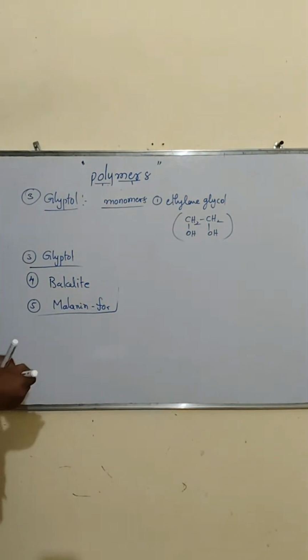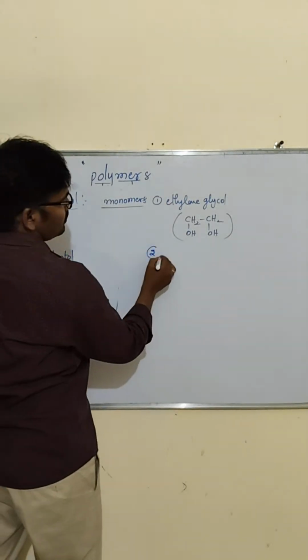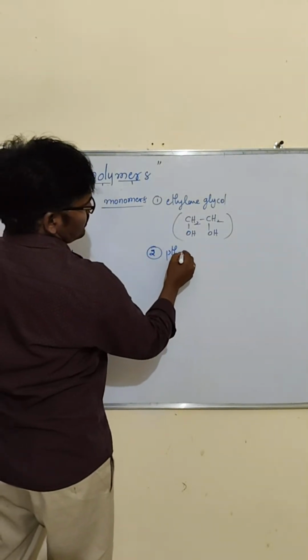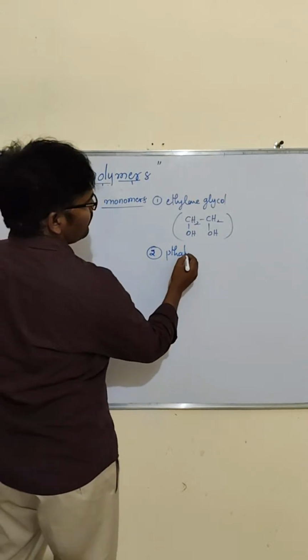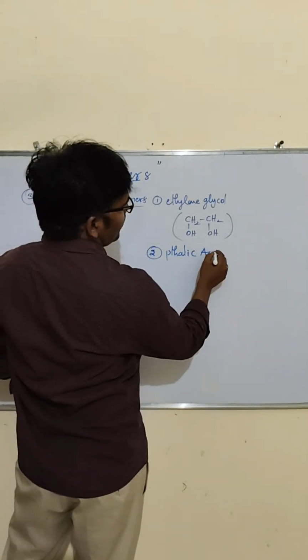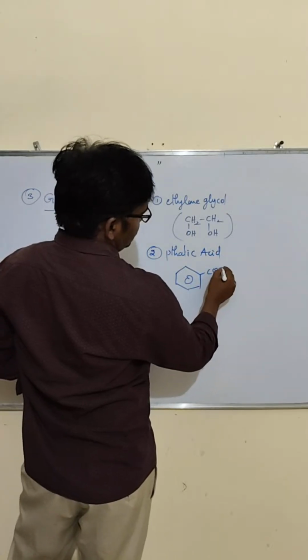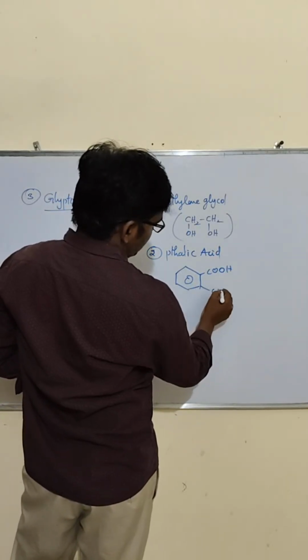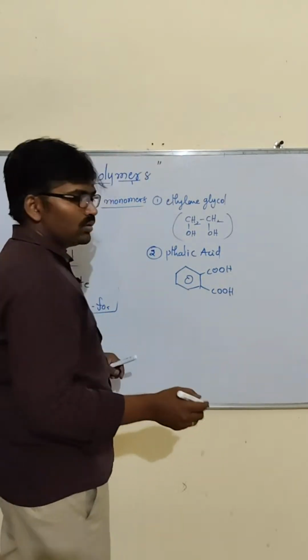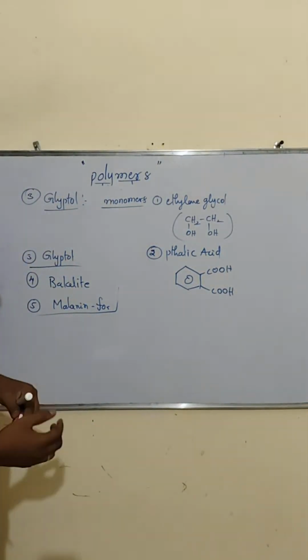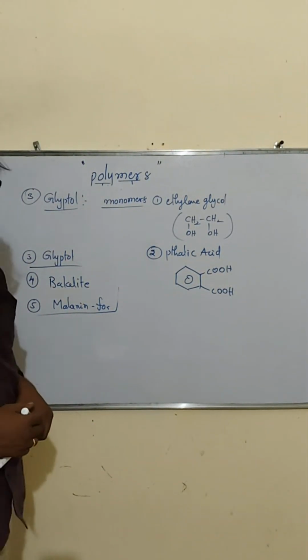Then phthalic acid, the second monomer. The P is silent here: phthalic acid. What does phthalic acid look like? Benzene attached with COOH, COOH. The COOH groups are at adjacent positions, and we call it phthalic acid.